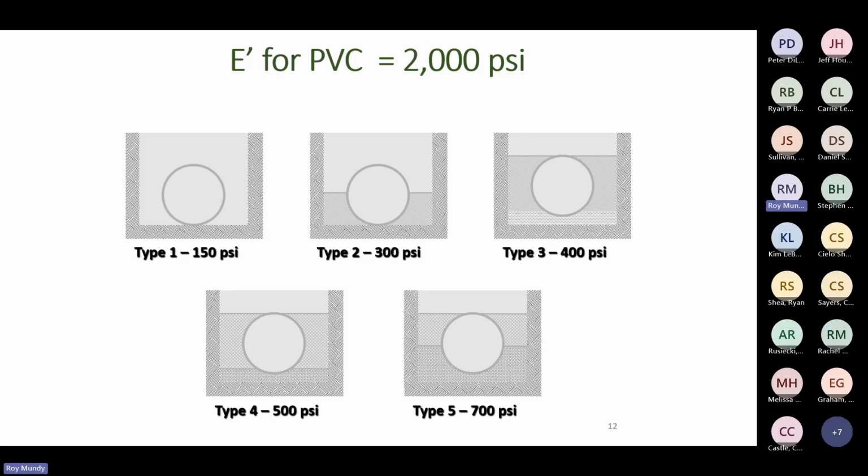And then as you move toward the type 5 trench, you have to utilize materials that are not native soil, typically select materials, whether it be granular materials or special select mixed materials.